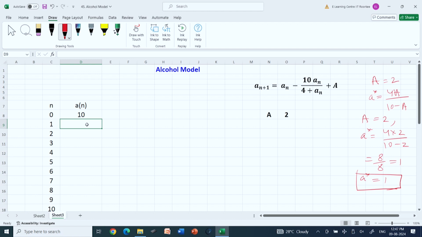So this will be equal to A0 minus 10 times A0 divided by 4 plus A0, I put the bracket, plus A, and the value of A is constant.